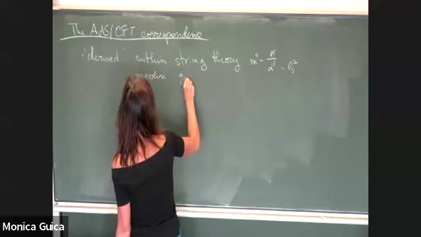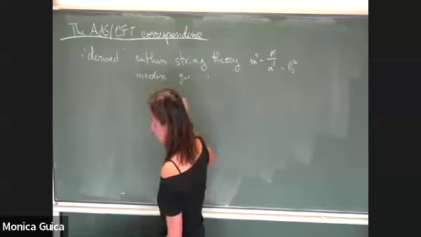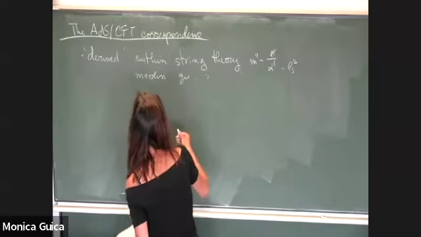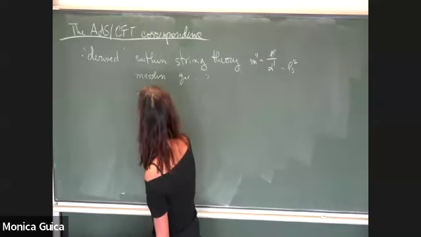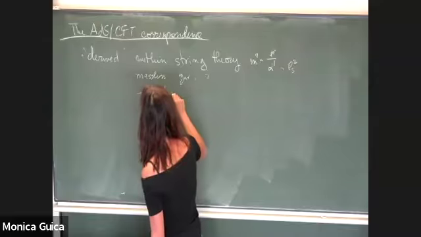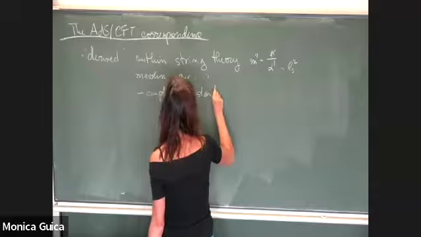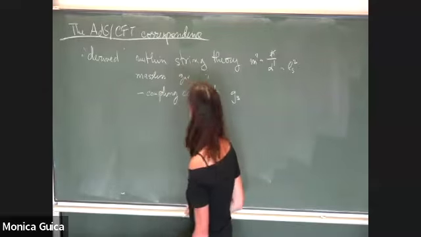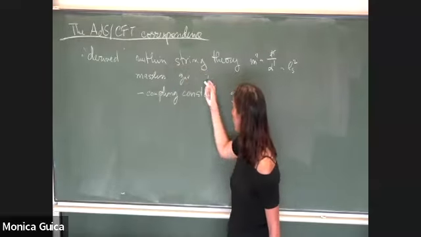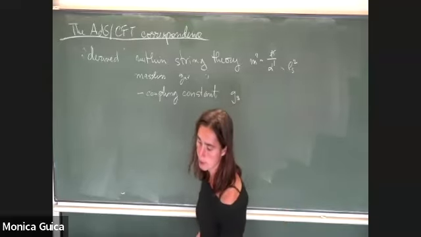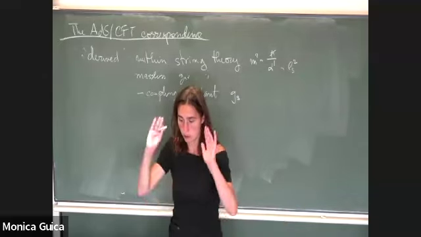The string theory also has a coupling constant, which is called g string. It's actually the expectation value of some scalar, and it measures the strength of string interactions.